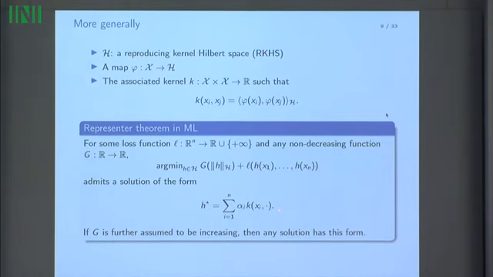Because I got initially n points in my training set, I know that a minimizer can be written as a finite sum until n, a finite combination of functions that are easy to handle. And actually, if big G here is strictly increasing, then any solution has this form.